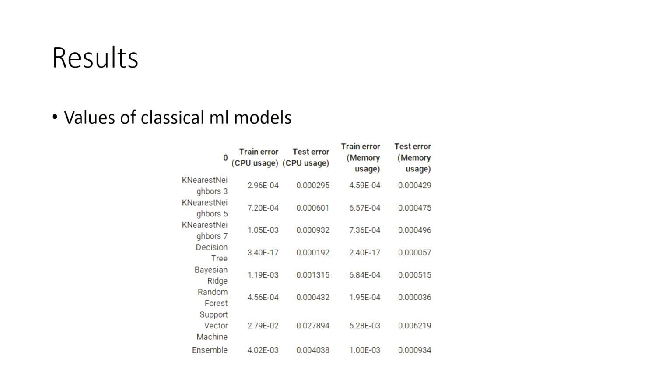Now the second phase of results. So we have shown the classical ML models and their train and test error. For KNN3, we have 2.96 × 10^-4. That is the CPU usage train error. Then we have KNN5 and KNN7.